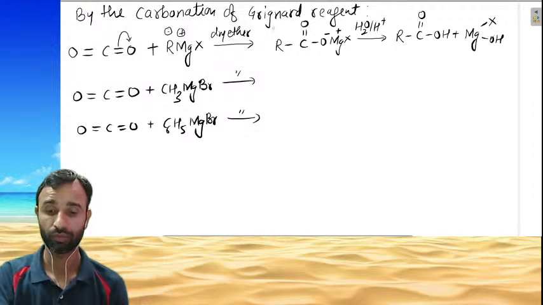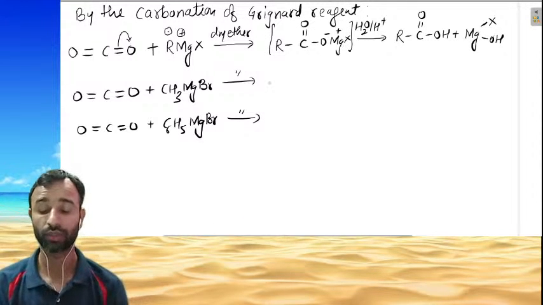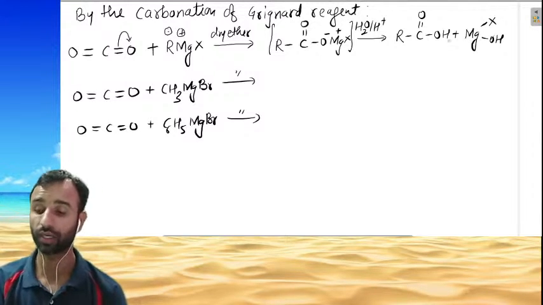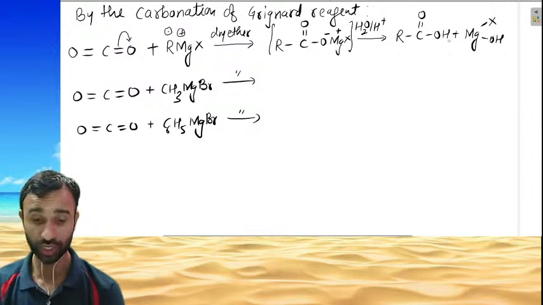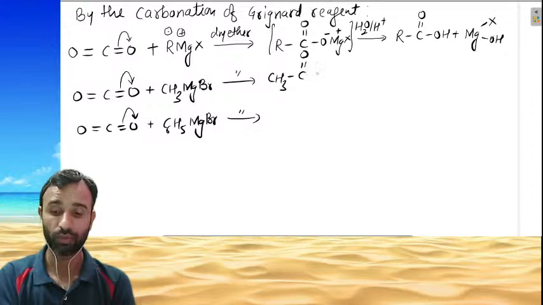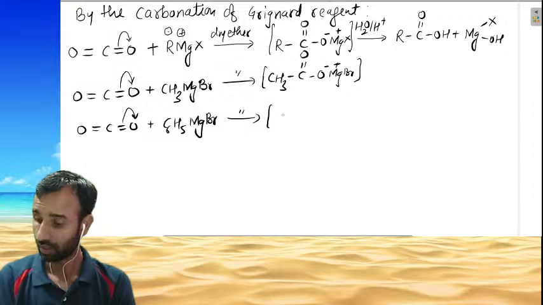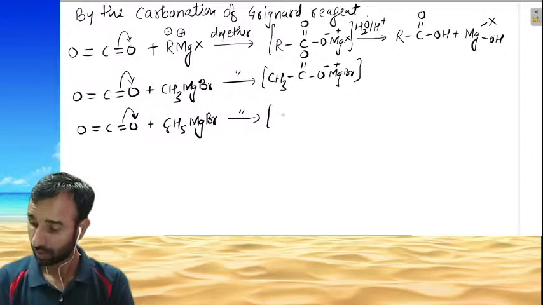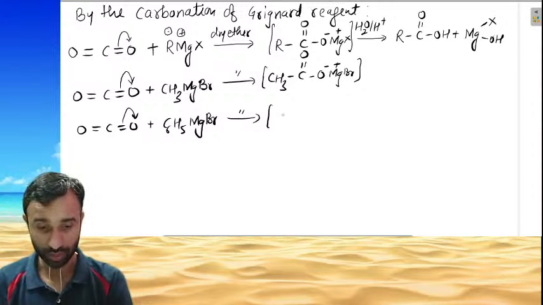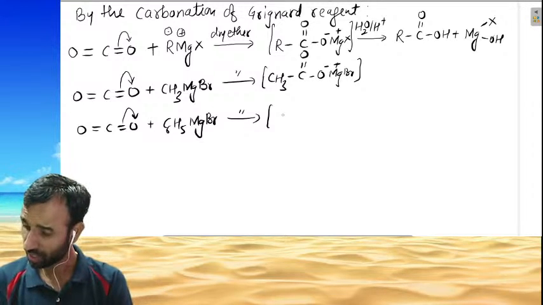First we get the addition compound, and then on subsequent hydrolysis we get carboxylic acid. Very good, Ashish. Again the same: CH3, C double bond O, O negative, MgBr positive. Good, Saad, very good. Harshil, propanoic acid?